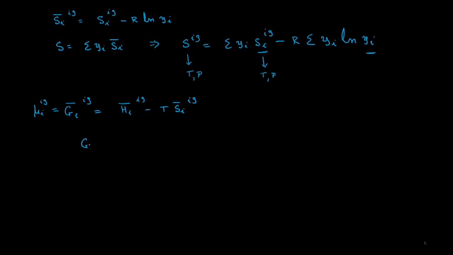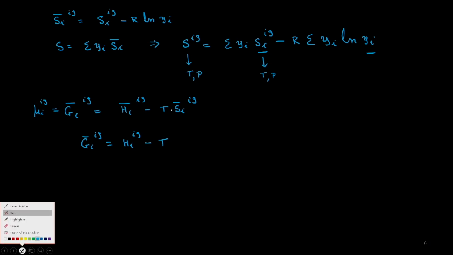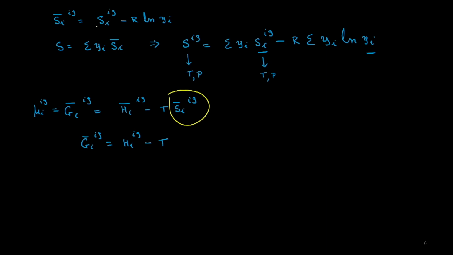Now if you recall, Hi bar IG was Hi^IG, the same as the pure component property at the same temperature and pressure, minus T times, I'm going to replace this Si bar IG here with this quantity here, right?